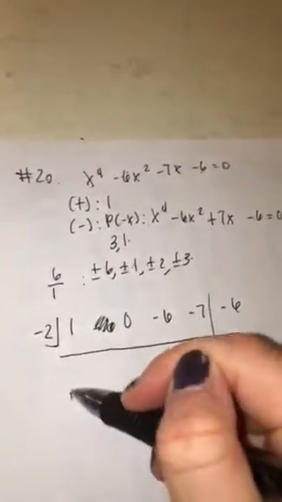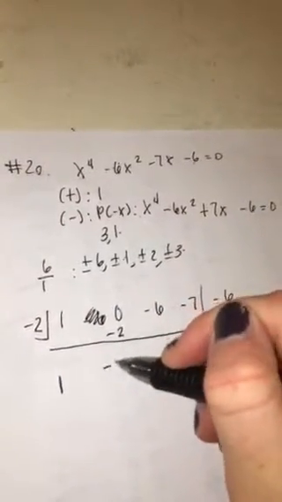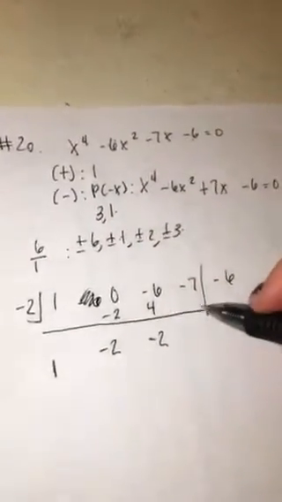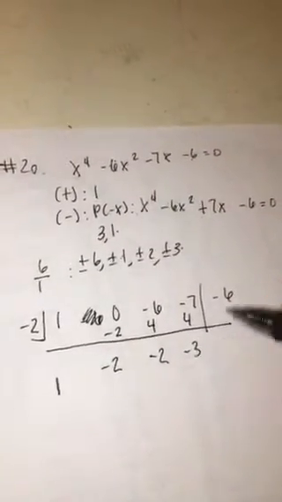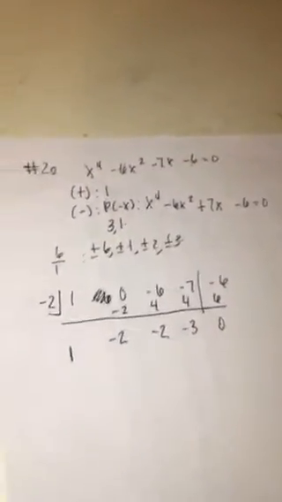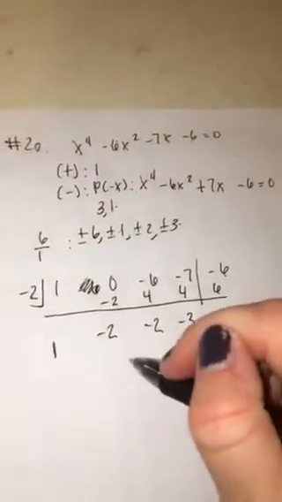Okay, so you move your 1 down there, and then you multiply it by -2, so it'll be -2, then -2 times -2 is 4, so it'll be -3, and that becomes a positive 6, which gives you a remainder of 0. So that shows that that is one of your rational roots.